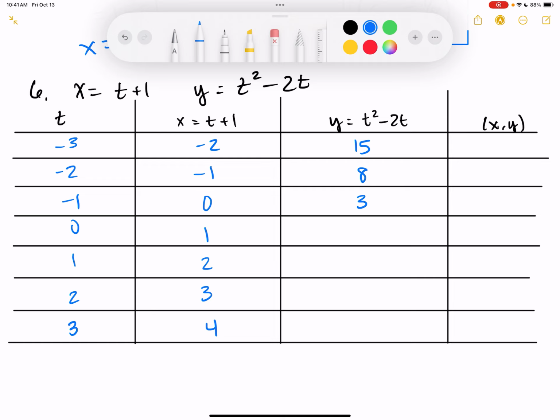For 0, it's just 0. For 1, we have 1 minus 2, so that's negative 1. For 2, that's 4 minus 4, which is 0. And for 3, it's 9 minus 6, so that's 3.